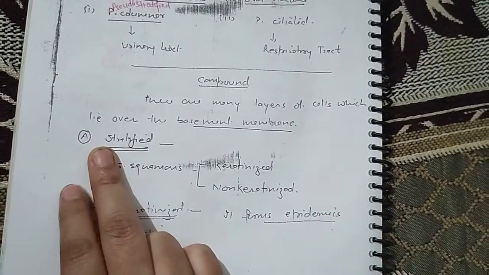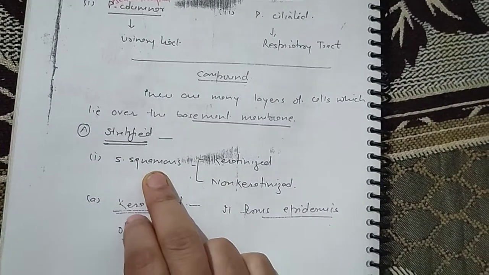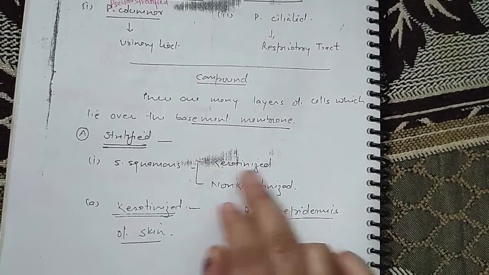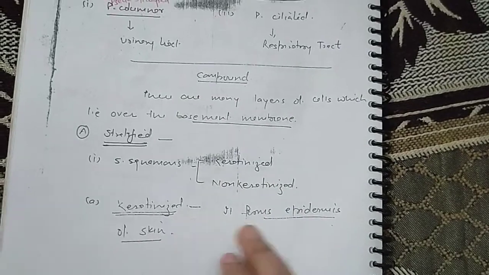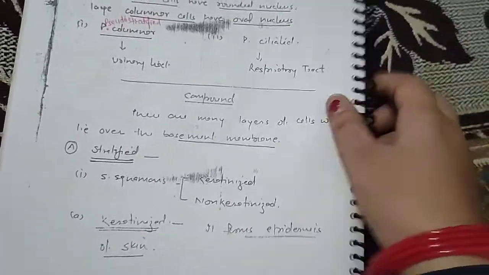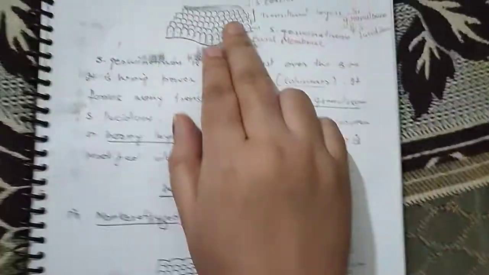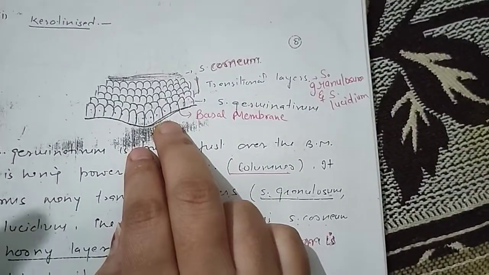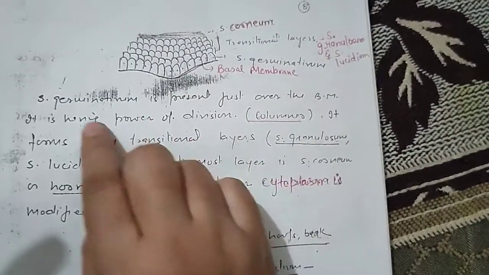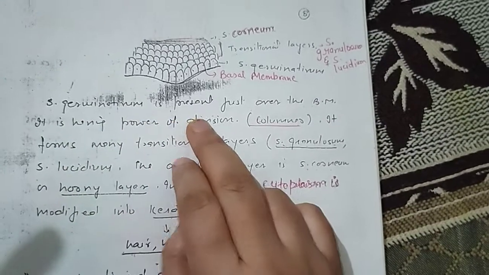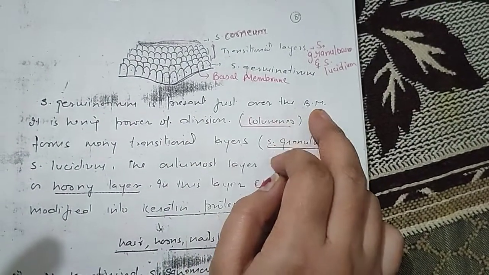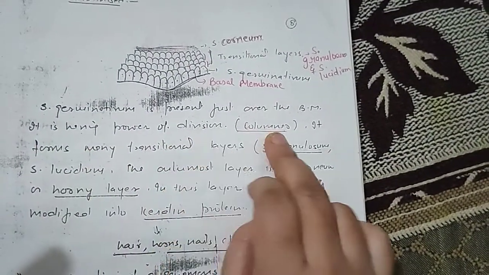First, stratified squamous, two types: keratinized, non-keratinized. Keratinized forms the epidermis of the skin. You can see the structure. The germinativum is present just over the basement membrane. It has the power of division.